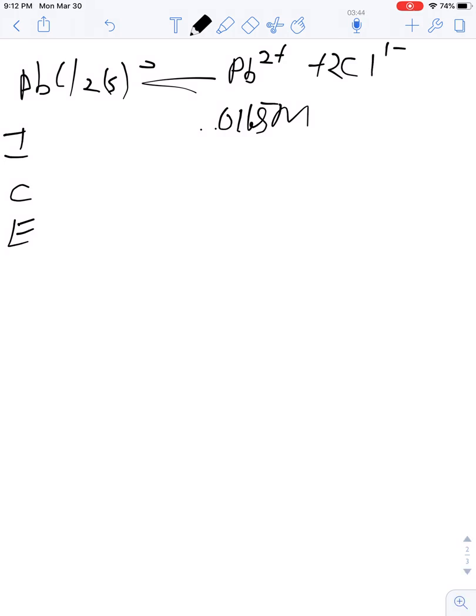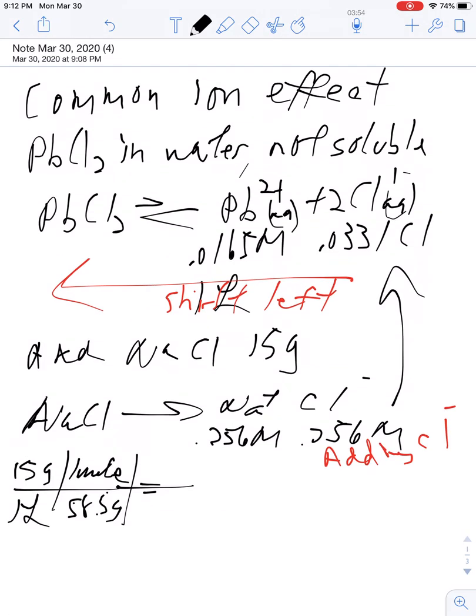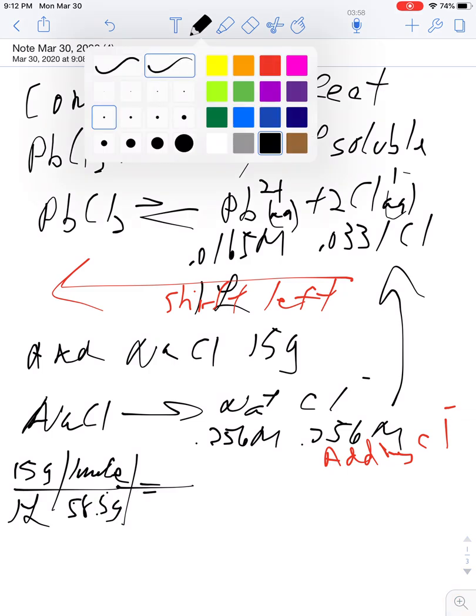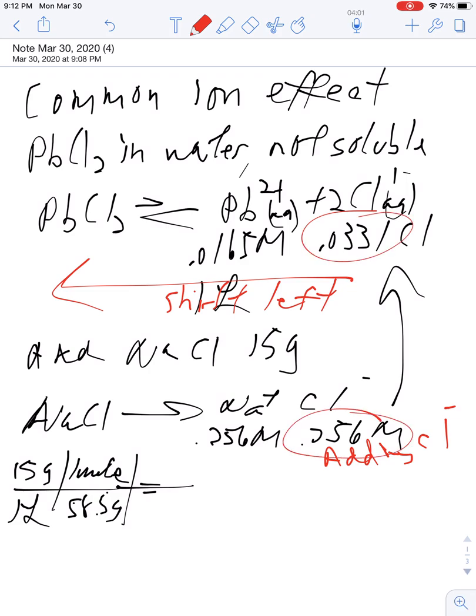All right, so this is a solid, so we don't care how much we have initially because it's not included in the equation. Now, my chlorine is going to be the molarity. Because I'm dealing with 1 liter, I can just add these molarities together, okay? So my molarity is going to be 0.2890.